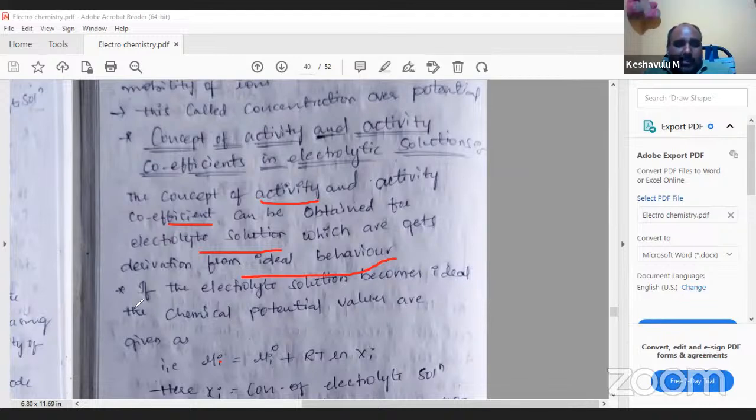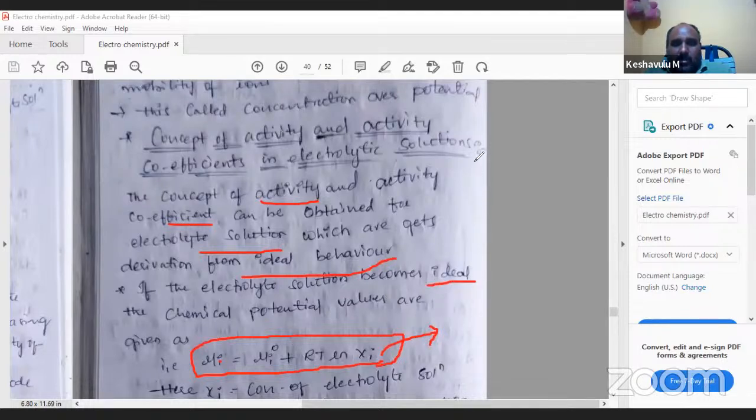If the electrolyte solution becomes an ideal solution, the chemical potential may be written as mu i equals mu i naught plus RT ln xi. Here xi is the mole fraction or concentration of the electrolyte solution. This is for ideal solutions, right?